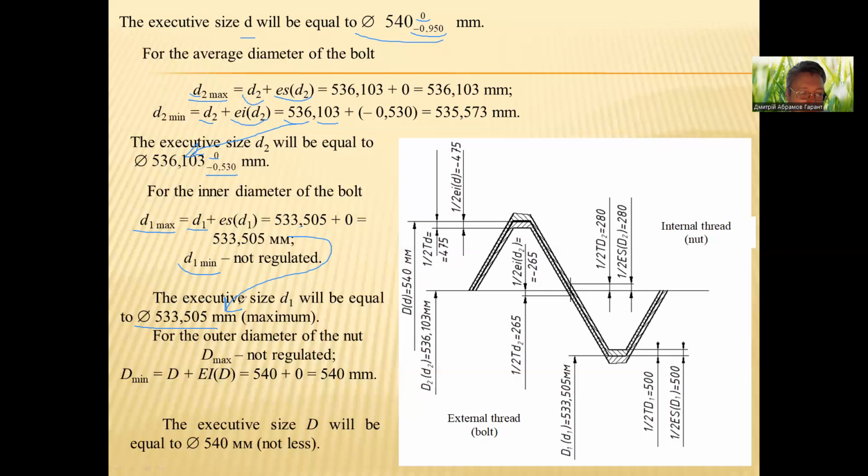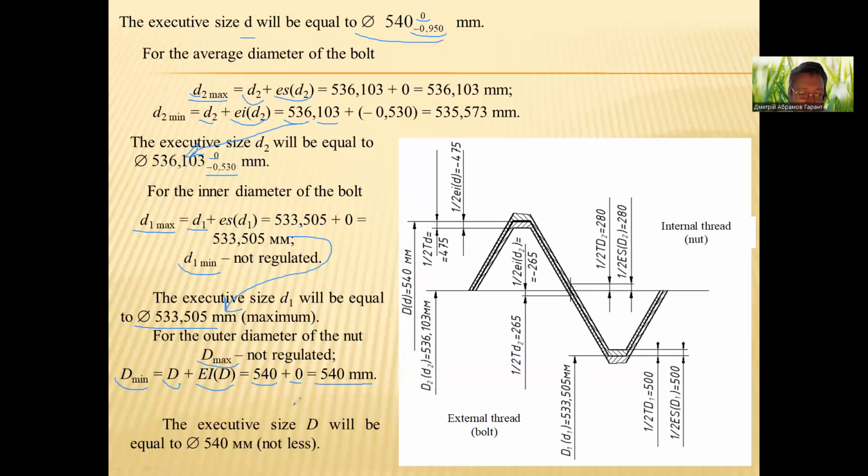For the outer diameter of the nut, D suffix maximum is not regulated. So for the outer diameter, minimum values: D minimum will be equal to big D, we use for the nut, big D plus EI on the outer diameter, and we have big D equal to 540 plus 0, and we have 540 millimeters.